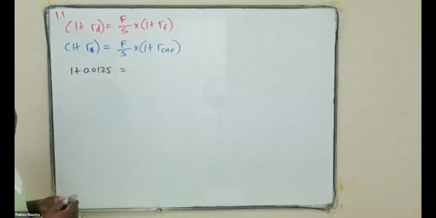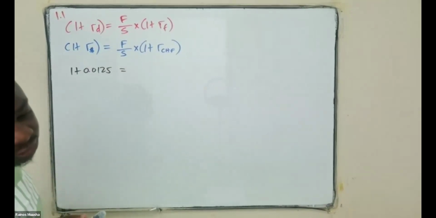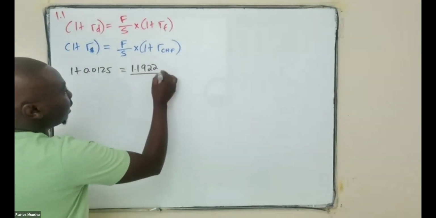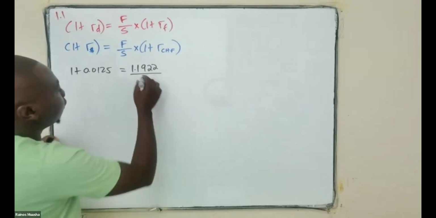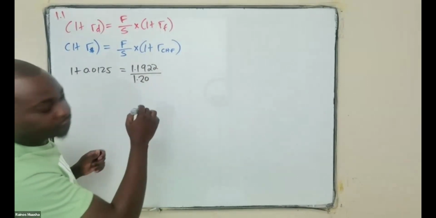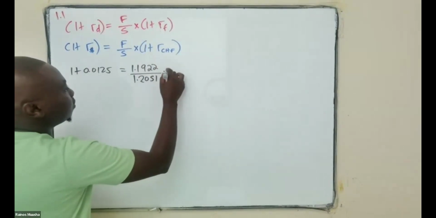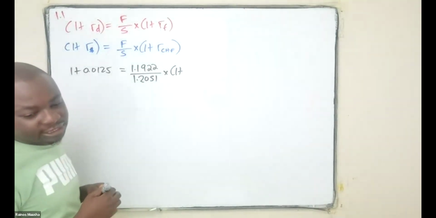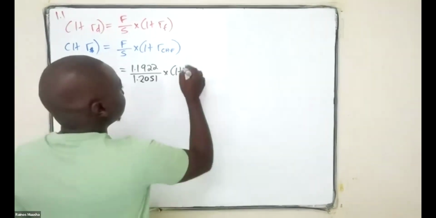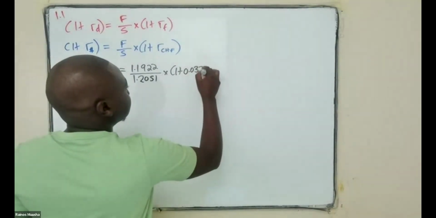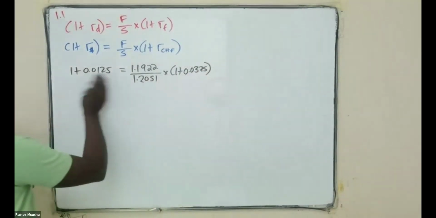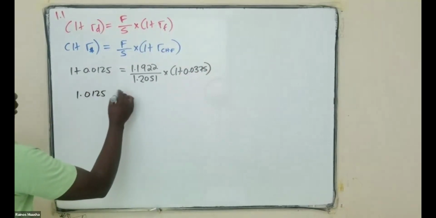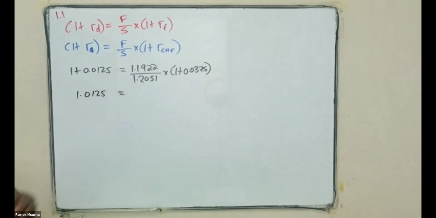And it should be equal to, on the information that they give us, the forward rate of 1.1922 and the spot rate of 1.2051, multiplied by 1 plus the interest rate in the foreign currency, in this case the CHF, which is 3.75%, so 0.0375. On the left-hand side, we get 1.0125.